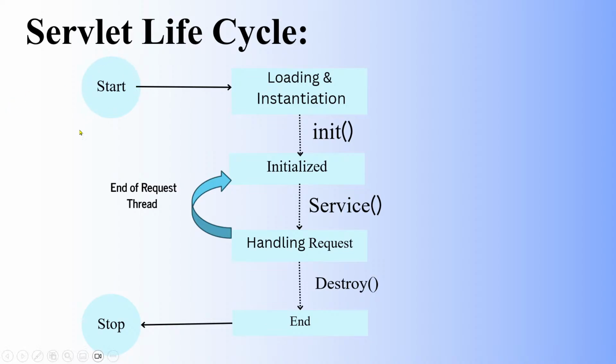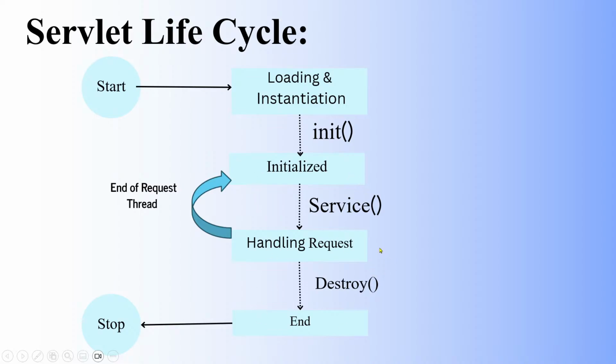The servlet life cycle starts with the init method, which initializes the servlet. Next is the service method, and finally it will be destroyed. Means when we execute a servlet, at first it does the loading and instantiation, and it will initialize the process. Afterwards, it will provide the service whatever is required.